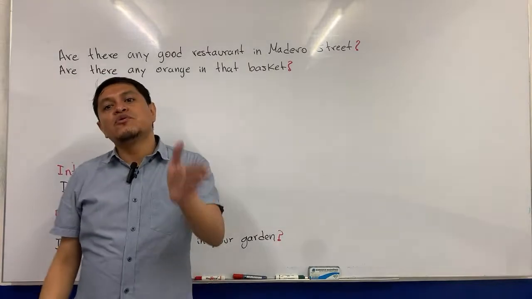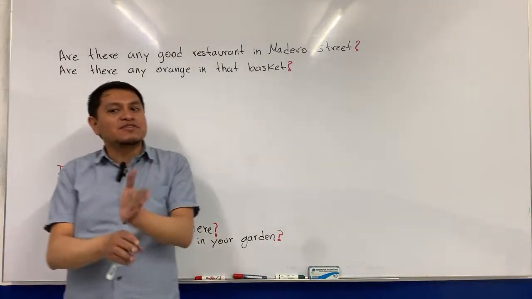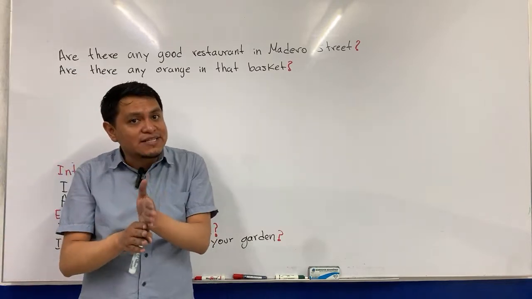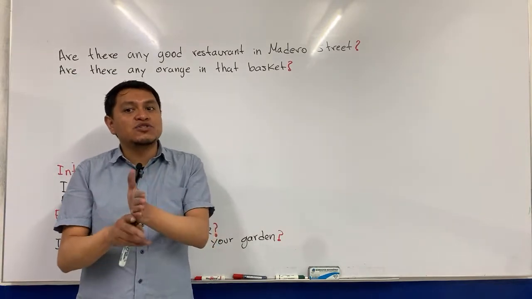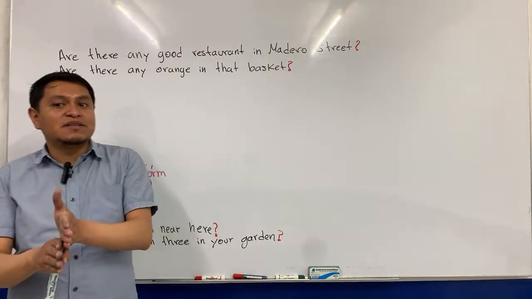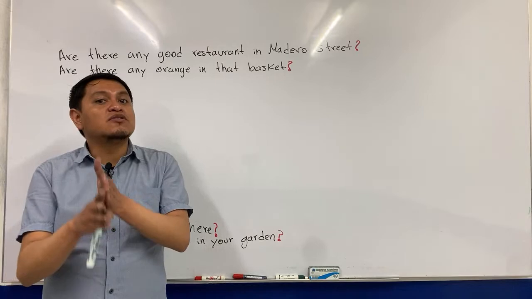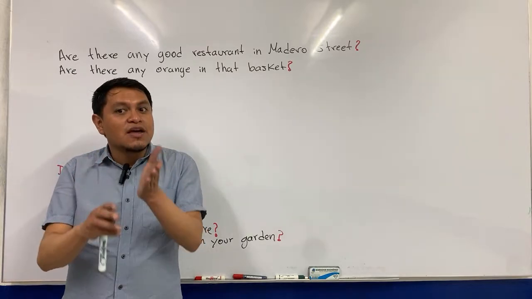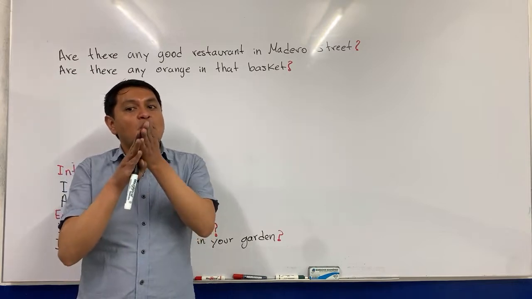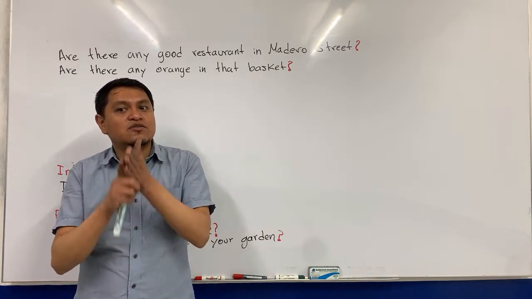Right. When we are asked with the previous structure, we have to answer in simple present with the verb to be. We can answer in the affirmative or in the negative.